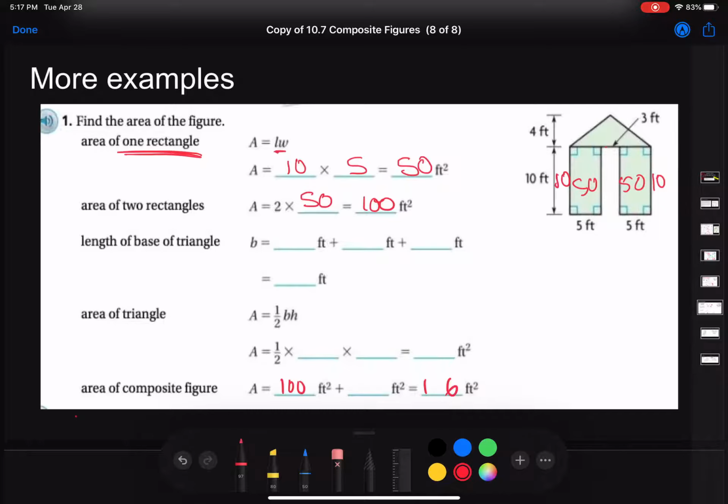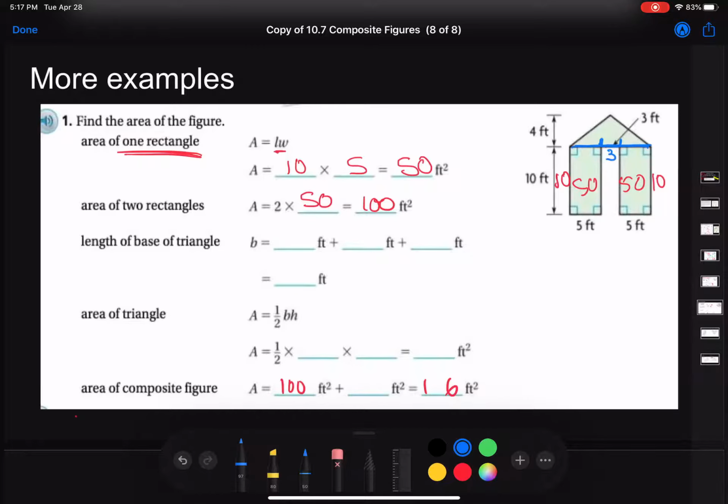Now, here comes the tricky part. It's the base of the triangle, this right here. The base is not 3, because that arrow is only referring to just this little section right here, which is 3.